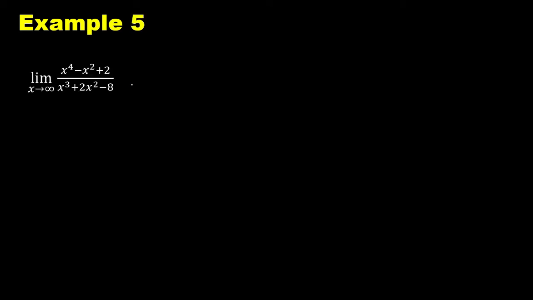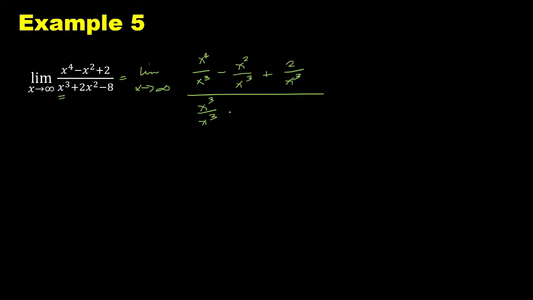For this example, we have x cubed as the variable x with the highest degree in our denominator. So we have the limit as x approaches infinity. So x raised to 4 over x cubed minus x squared over x cubed plus 2 over x cubed, over x cubed over x cubed plus 2x squared over x cubed minus 8 over x cubed.